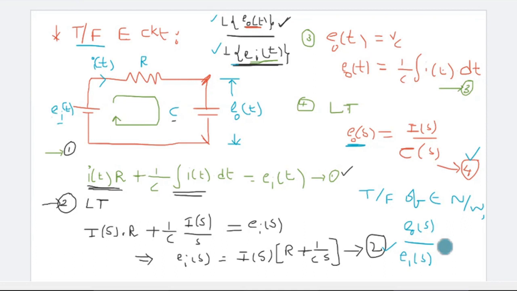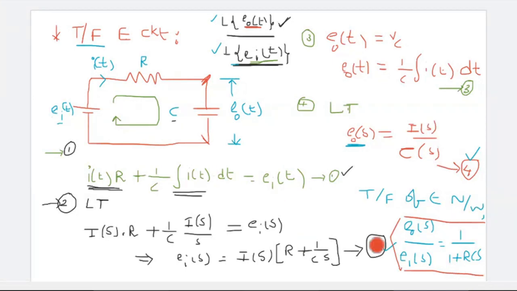Substitute and simplify. What are we going to get? I of s and I of s get cancelled. We are going to get 1 by Cs into 1 by R plus 1 by Cs. Finally, E naught of s by EI of s is equal to 1 by 1 plus RCs.